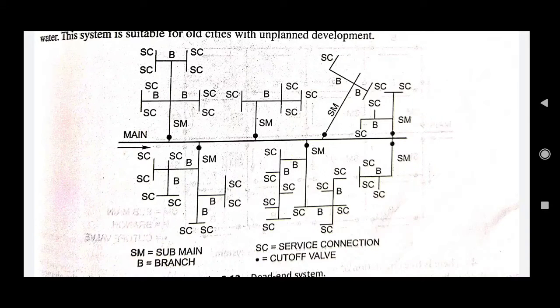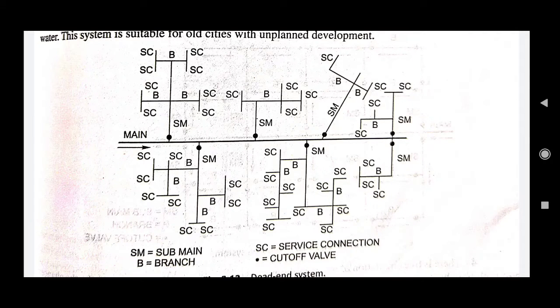So from the sub main, there are branches which are carried out. These branches may or may not be interconnected, right? At different locations from the sub main, the branches are carried out, and from these branches the service connections are taken out which are provided into a tap system, right?